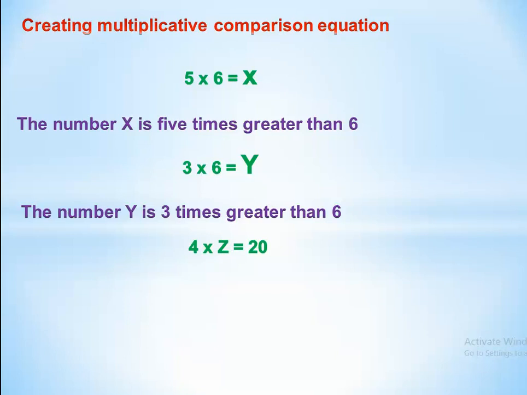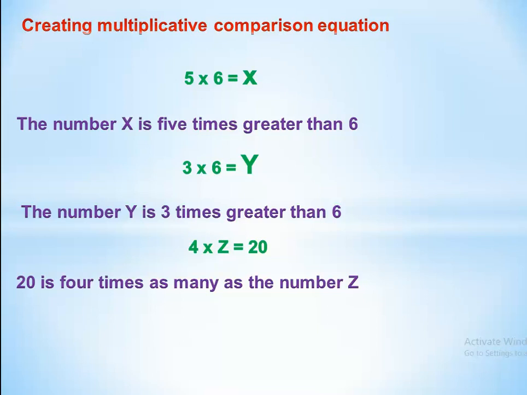4 times z equal 20. Here it will be 20 is 4 times as many as number z. We use "as many as number z" when we have a missing factor. So 20 is 4 times as many as number z.